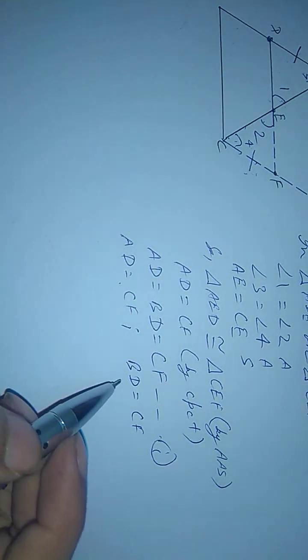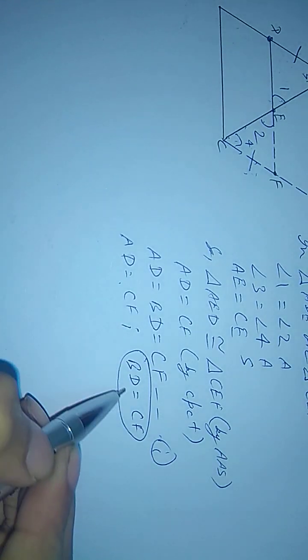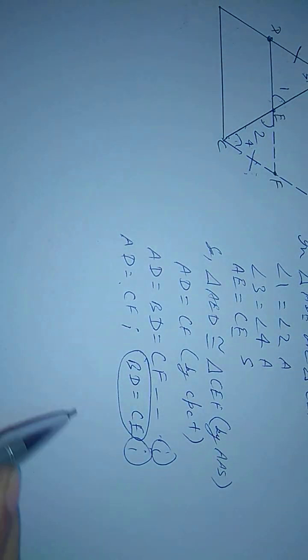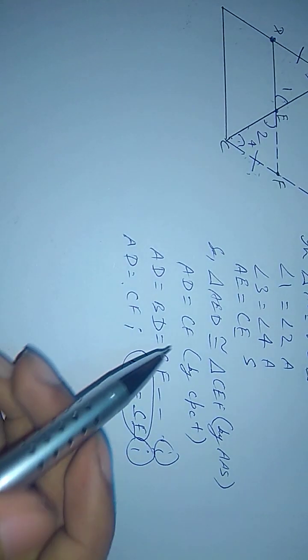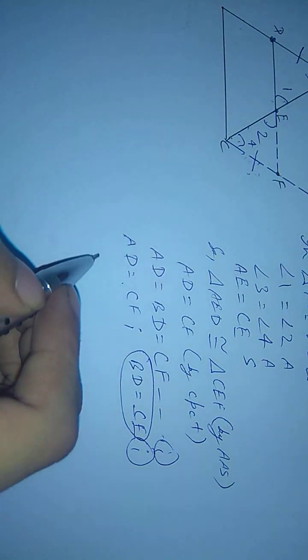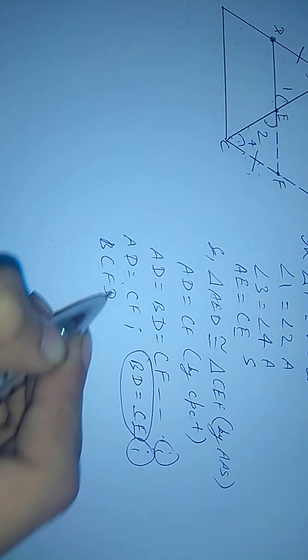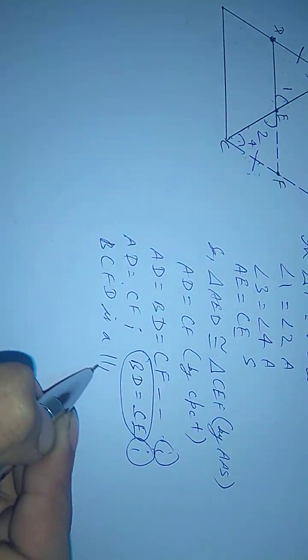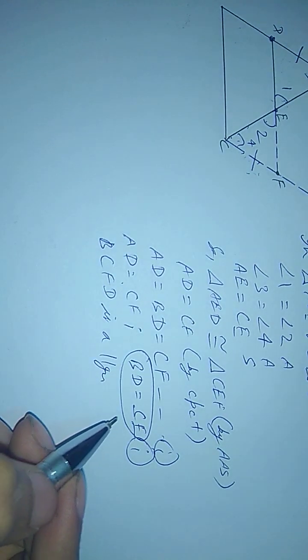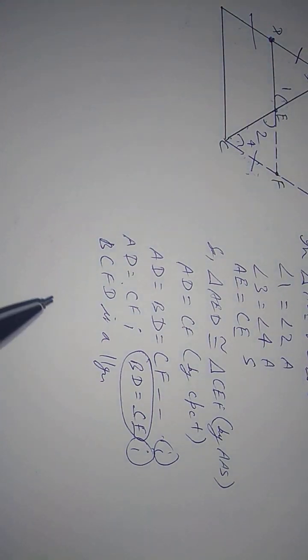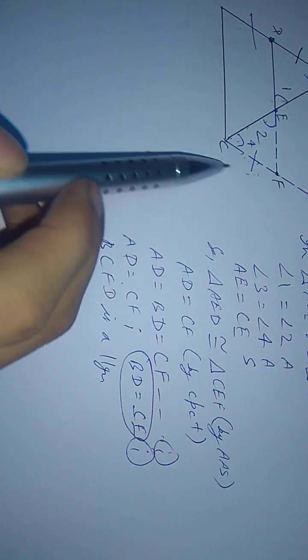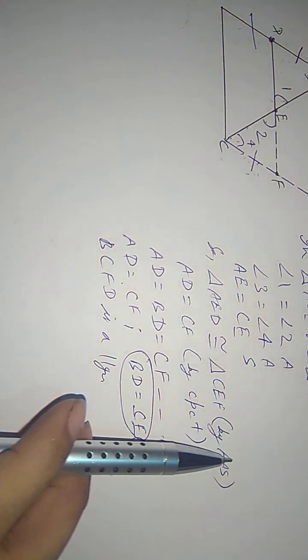So from this point we can say that BCFD is a parallelogram. Why? Because a pair of opposite sides are equal. That's why we can say that BCFD is a parallelogram.